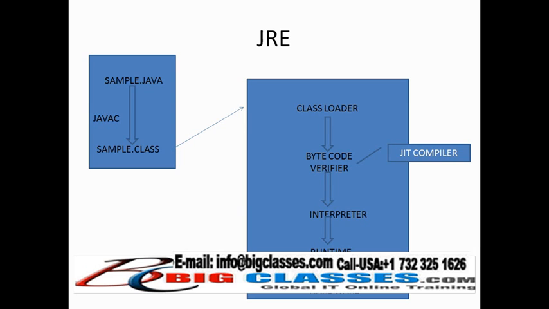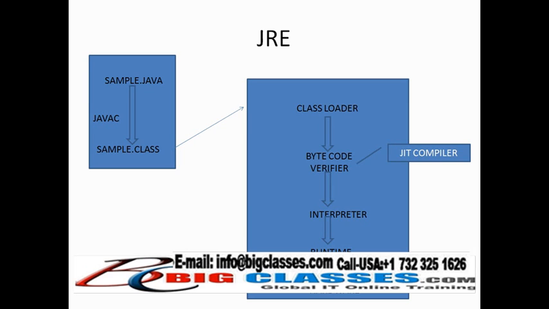Now this .class file consists of zeros and ones, which we call bytecode. This bytecode is validated by something called a bytecode verifier.